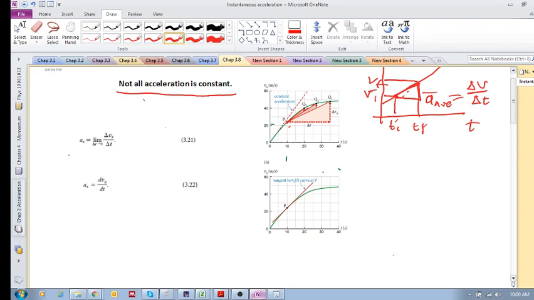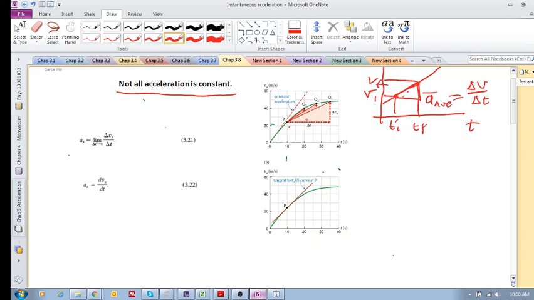And as you can see, we know that the acceleration should be a tangent at point P. So how am I going to get this tangent? Well, what I can do is I can keep making this delta t smaller, smaller and smaller. So now you can see that line there is approaching the tangent. Then, if I make the delta t even smaller, that line is approaching the tangent.